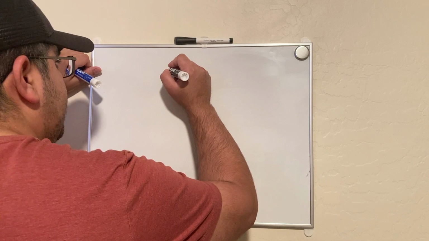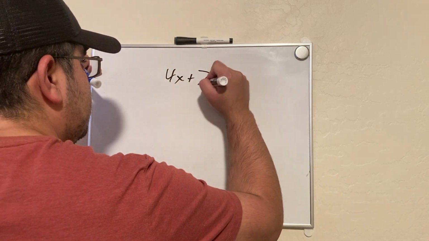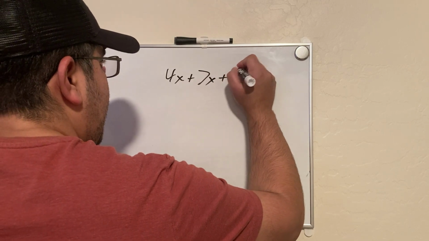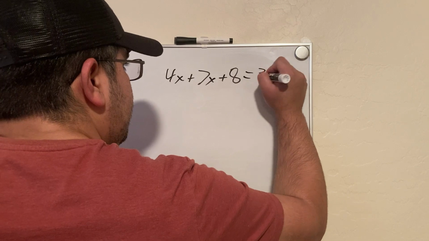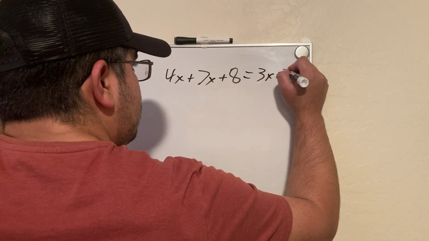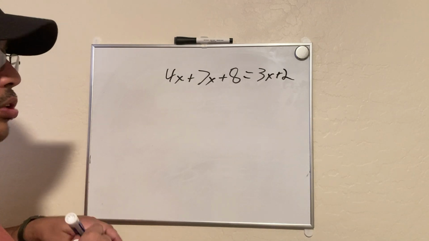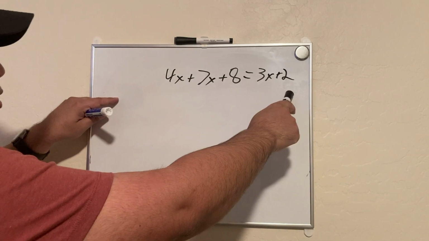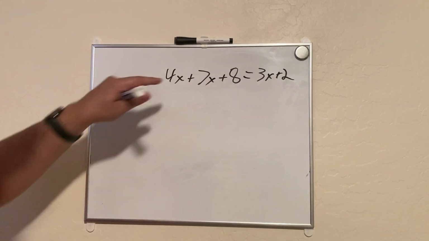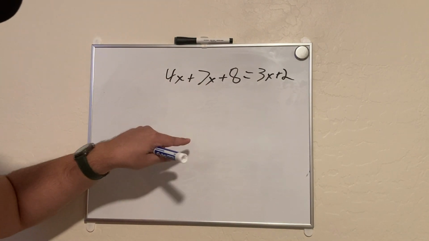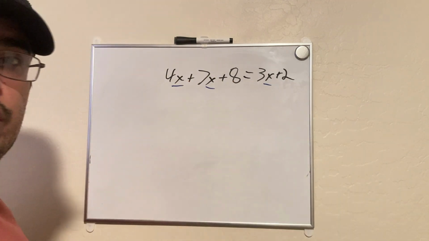So in this case, it'll be 4x plus 7x plus 8 equals 3x plus 2. Next time we will solve this and it'll lead us to a two-step equation, which then we can solve for x. That's what we'll do next time.